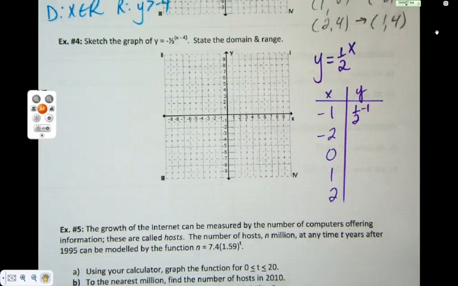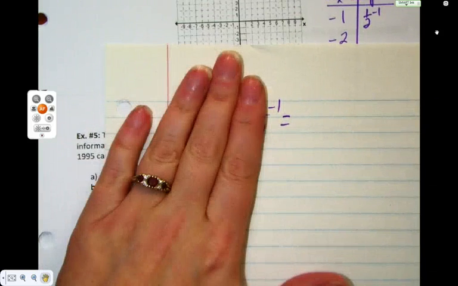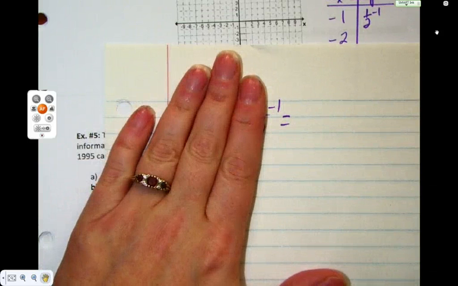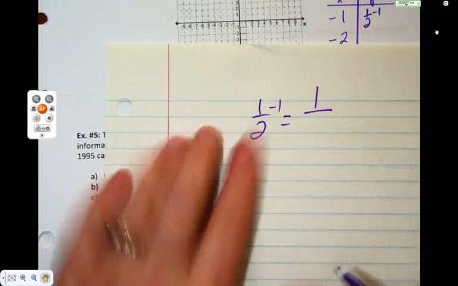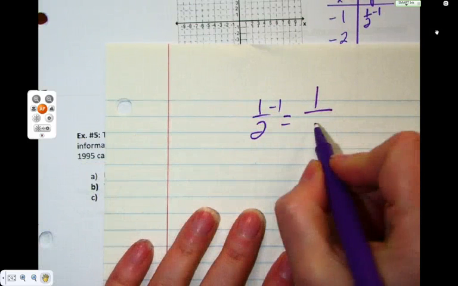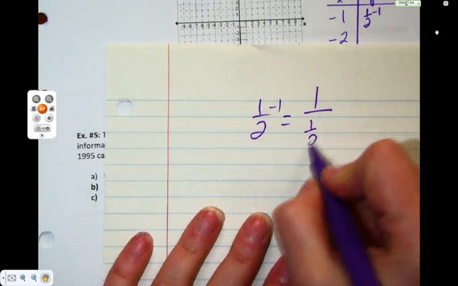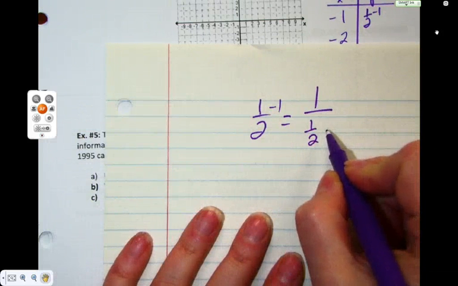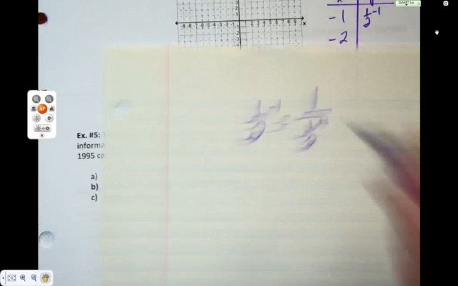You need to know your exponent laws pretty well for this. 1/2 to the negative 1. Irrelevant of the base, what's the rule with negative exponents? It goes under 1 and the exponent becomes positive. I'm just going to write the +1 so you see where the negative went.